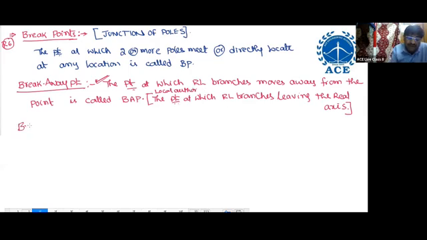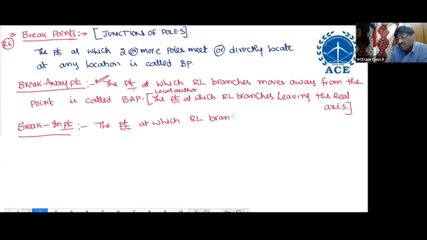Next, the break-in point. The point at which root locus branches enter into the point is called the break-in point.